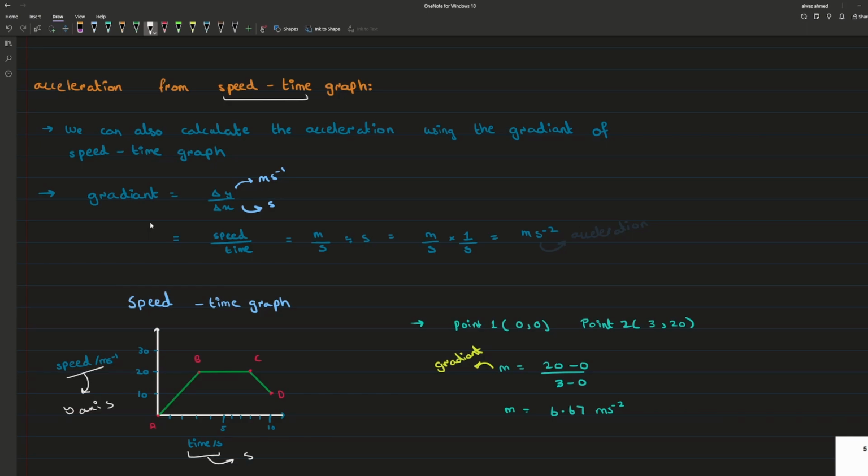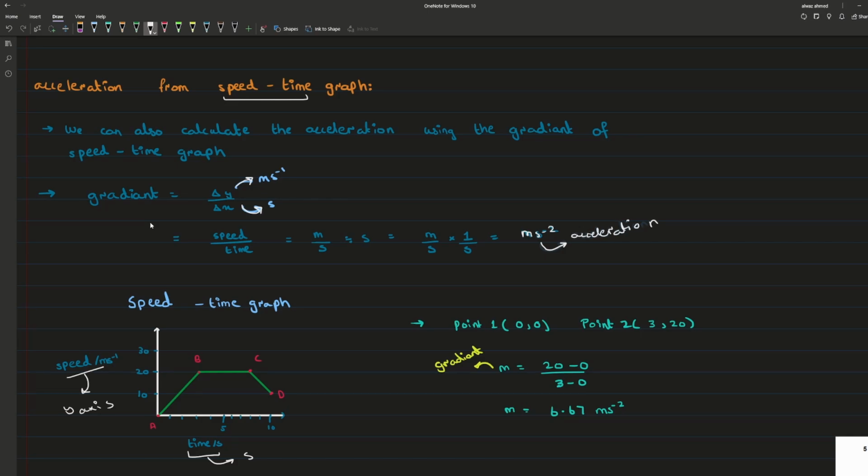So if we plug in the units, as you can see that we have meters per second on the y-axis and seconds on the x-axis. If we plug in these units and simplify, we can see that we get the final units ms^-2, which is indeed the unit for acceleration.